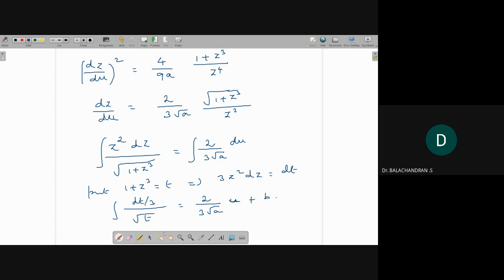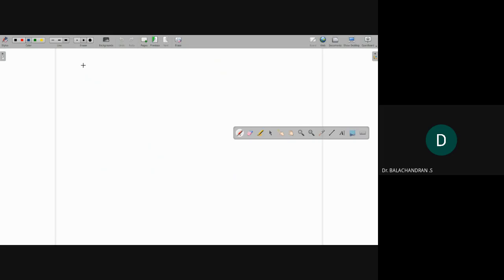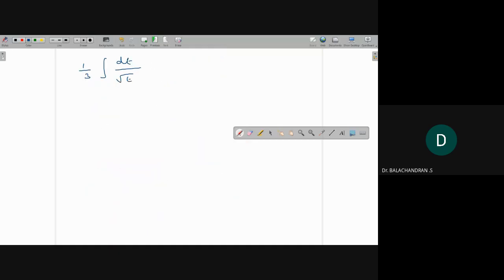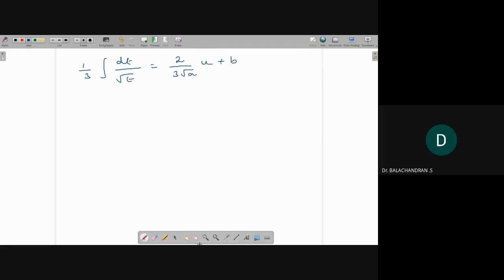Now I need to integrate the left hand side: 1 by 3 integration of dt by root t. Right hand side is 2u by 3 root a plus b.